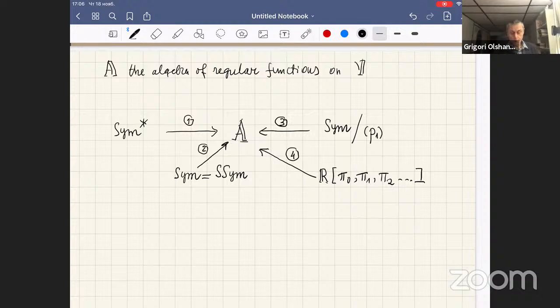And what is arrow 1? Arrow 1 appears when we take functions on the Young diagrams, functions on the row coordinates of Young diagrams, where f1 is an arbitrary shifted symmetric function.